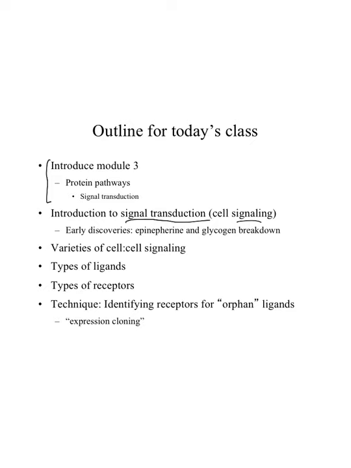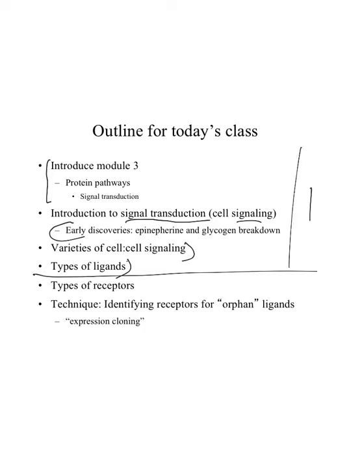I'm going to give you a historical perspective, as I often like to do, and talk about the early discoveries with epinephrine, a signaling hormone, and what it does to receiving cells to cause the breakdown of glycogen and make available glucose. We'll then go through the major varieties of cell-cell signaling, and then go through a laundry list of ligands, and that will bring us to the end of part 1.